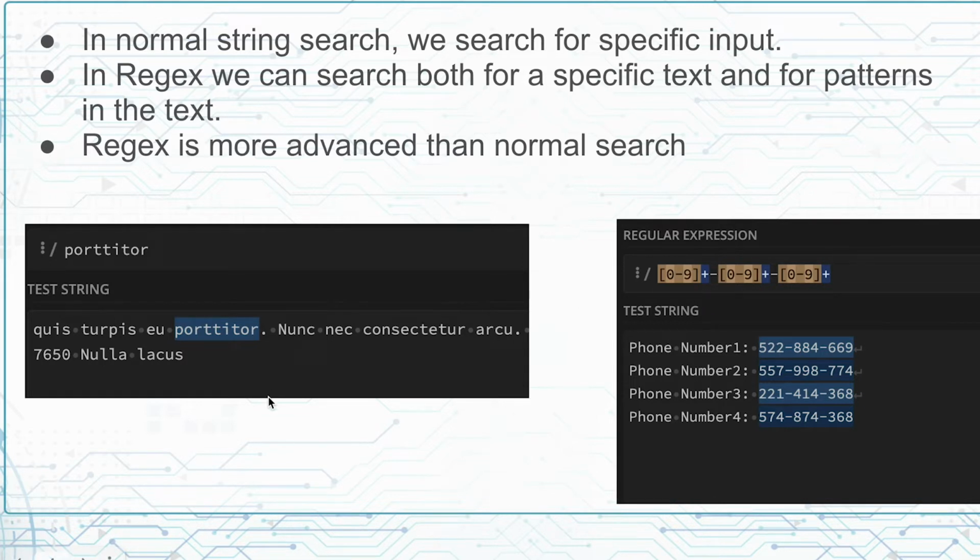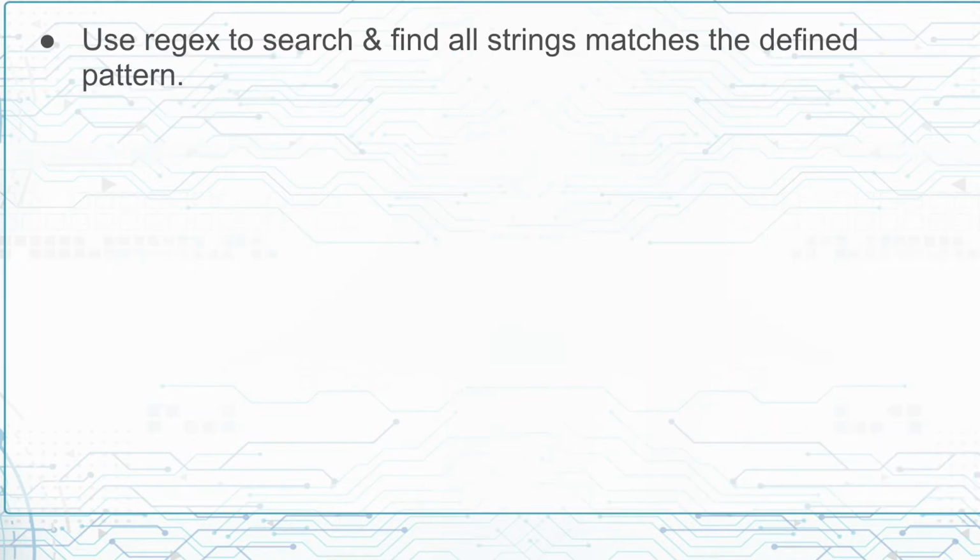As we said, it's better than normal string search because you can use the regex language in order to build complex patterns. Also, regex can search for both specific text as a normal search and for patterns in the text. Based on that, we have 2 main use scenarios of regex.